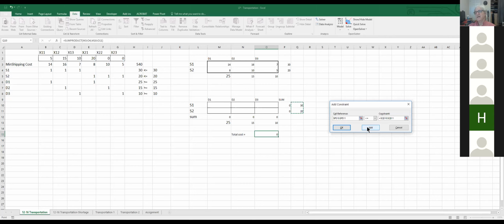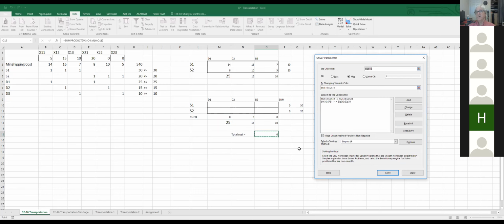And then I add the demand constraints. The demand constraint has the actual shipments into the demand points has to be at least as large. So I change it to greater than or equal to the demand. So you see, now I added this. And now I'm ready to solve.